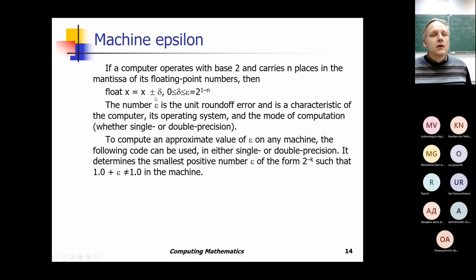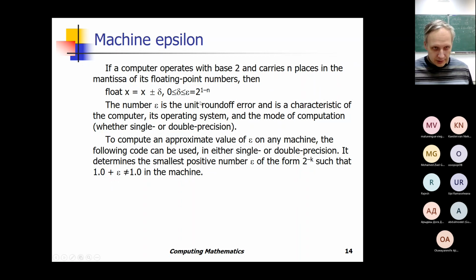But when the delta is very small, then x will be equal to x plus delta. When delta is between 0 and some small positive number epsilon that equals 2 power 1 minus n.